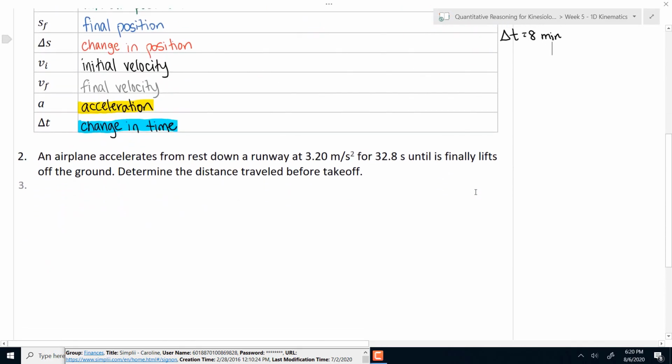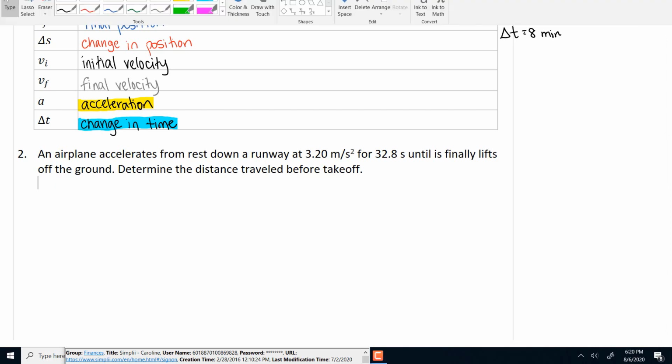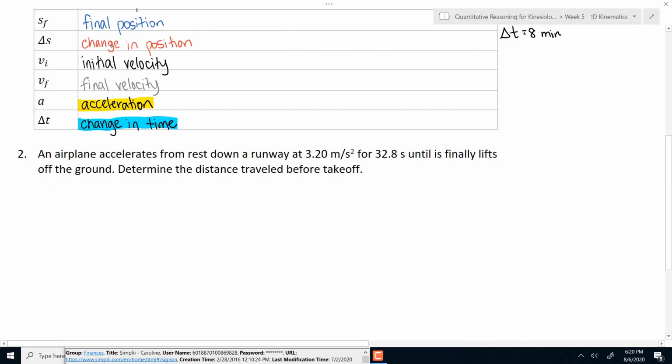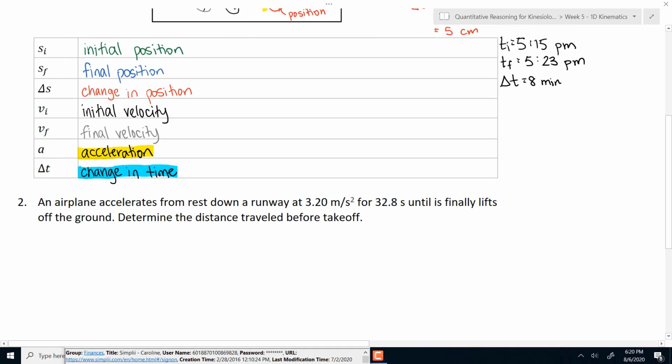All right, so let's practice using these equations on the following word problems. Okay, so we have an airplane that's accelerating from rest down a runway at 3.2 meters per second squared. So before we continue, let's go through all the variables we discussed above, and let's write the SI units for all of them.